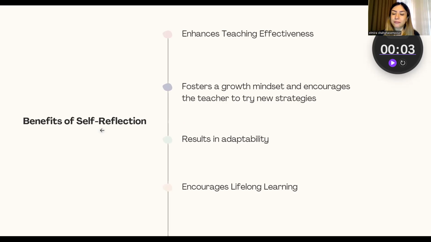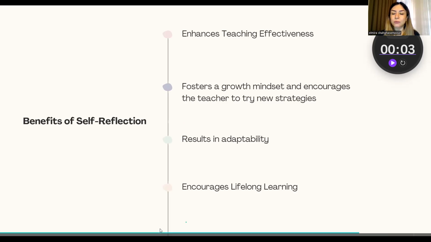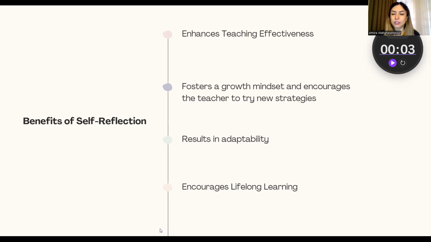By regularly reflecting on practices, educators can identify what works well and what needs improvement, which results in effective teaching. For example, we can reflect on a successful lesson and understand what made it effective and try to do it later on. Another thing is that it promotes professional growth.